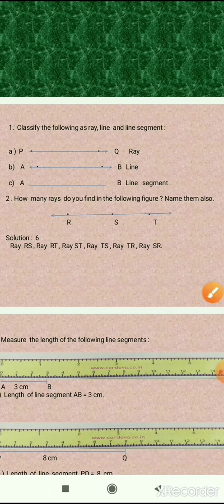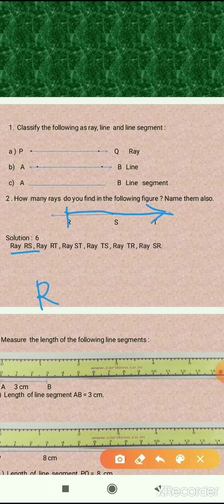Now we will see. Okay, first ray, look here, RS. First ray is RS, which means we consider initial point R, and we can write ray RS or RS by using the symbol.